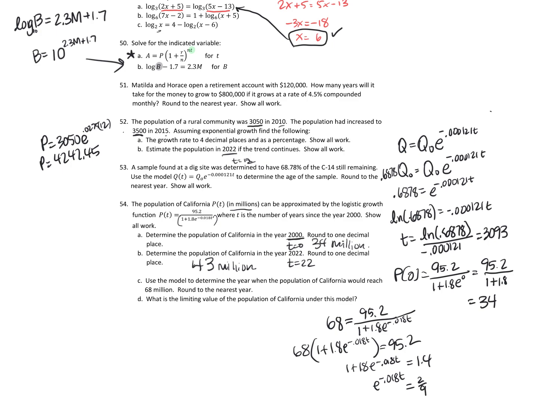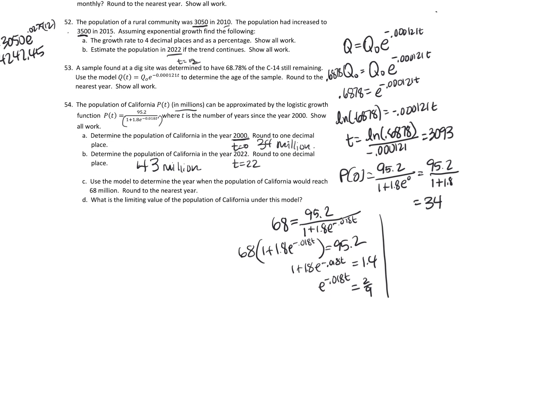Now I can take the natural log of both sides. Running out of space here. Okay. So if I take the natural log of both sides, I get negative 0.018 t is equal to the natural log of 2/9. And then I can divide by negative 0.018. So I get natural log of 2/9 divided by negative 0.018.